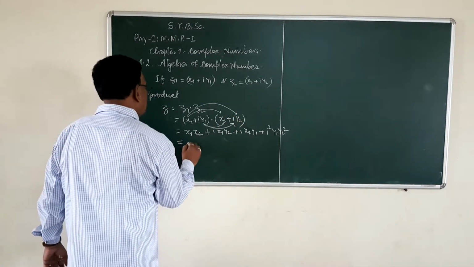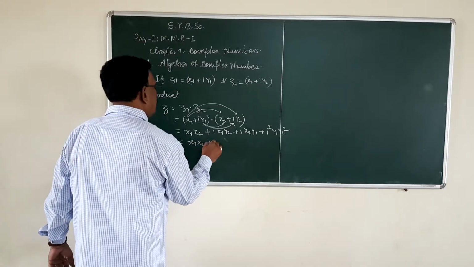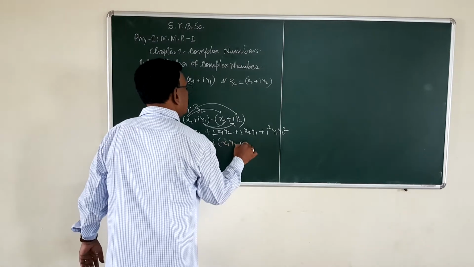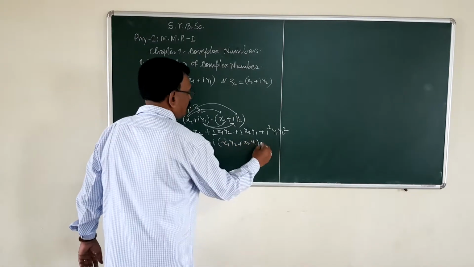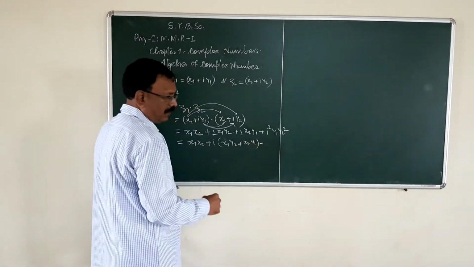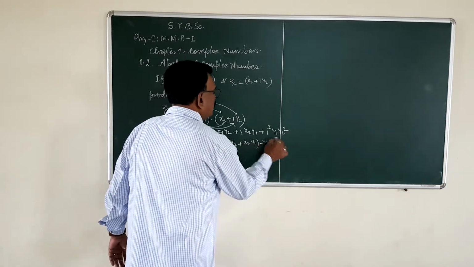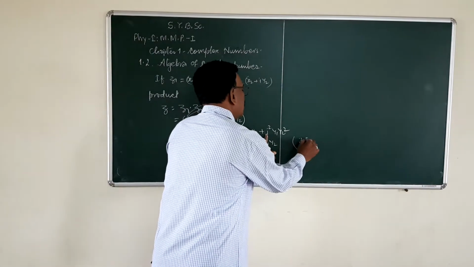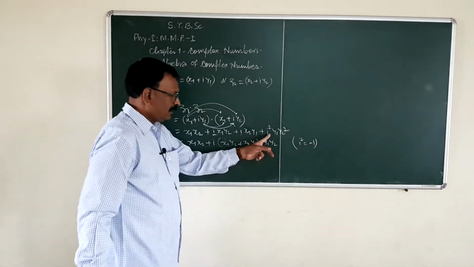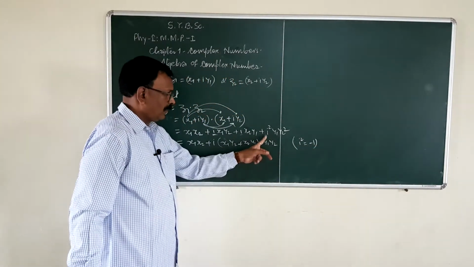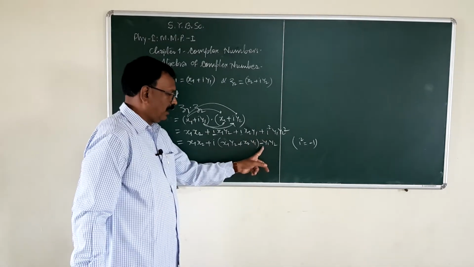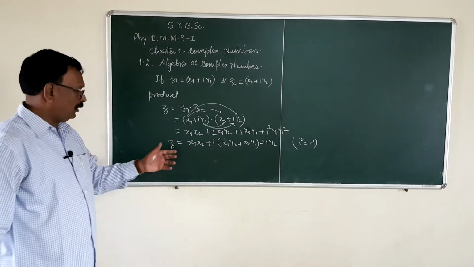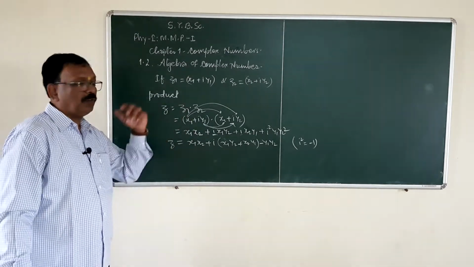After solving, we will get x1 x2 plus i (x1 y2 plus x2 y1) minus y1 y2. Why this minus? Because the value of i square is equal to minus 1, that's why there is a minus sign here. This equation represents the product of two complex numbers.